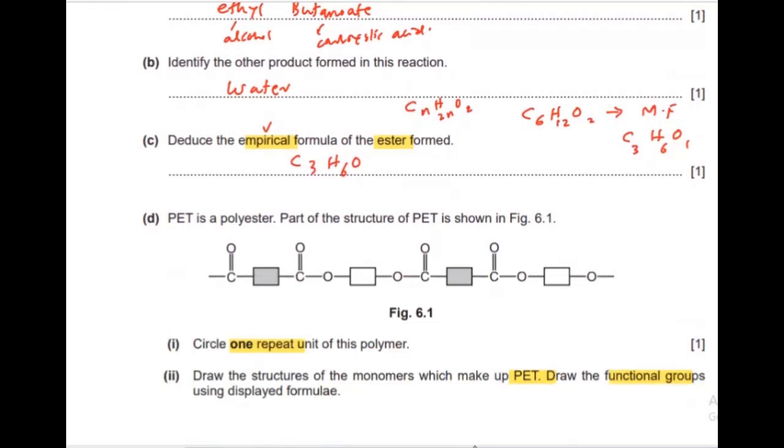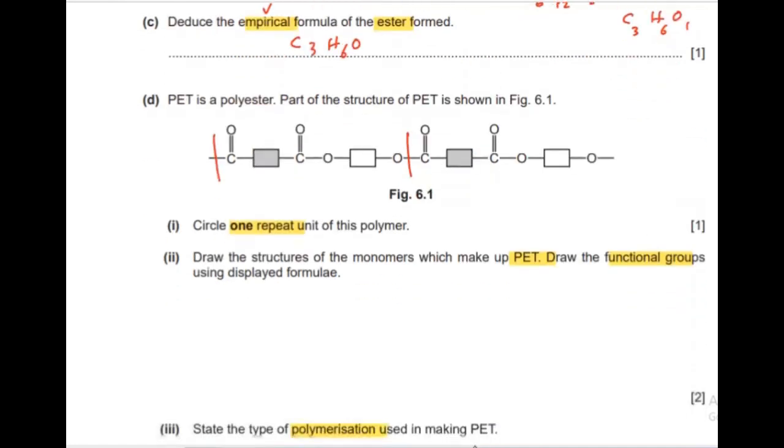This is a polyester, circle 1 repeat unit of this. Okay, so this is the repeat unit. Then draw the structure of the monomers which make up this. So there are 2 monomers which are required to make this ester. This is the first monomer, and this is the second monomer.